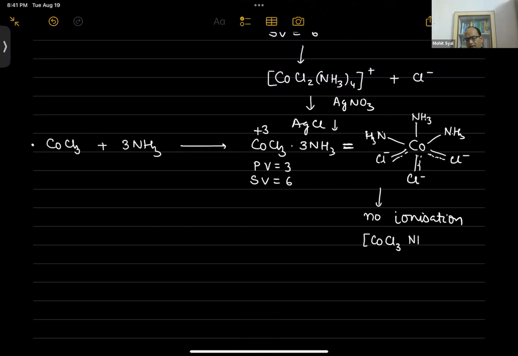We know all the three chloride ions are connected by covalent bonds, or they are satisfying secondary valency, so they will not ionize. No precipitate of AgCl is formed. Is it clear or not?